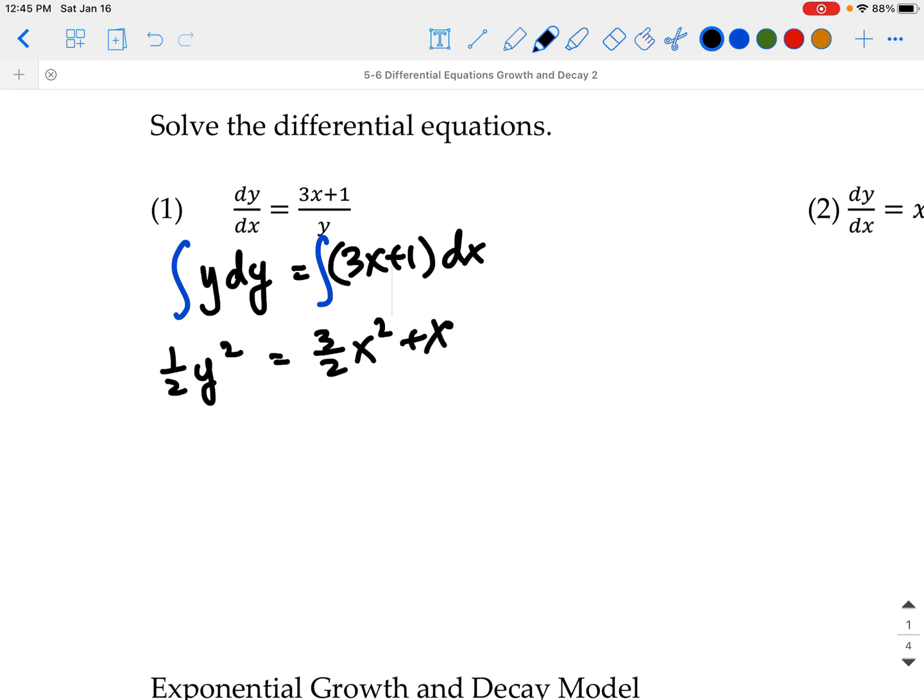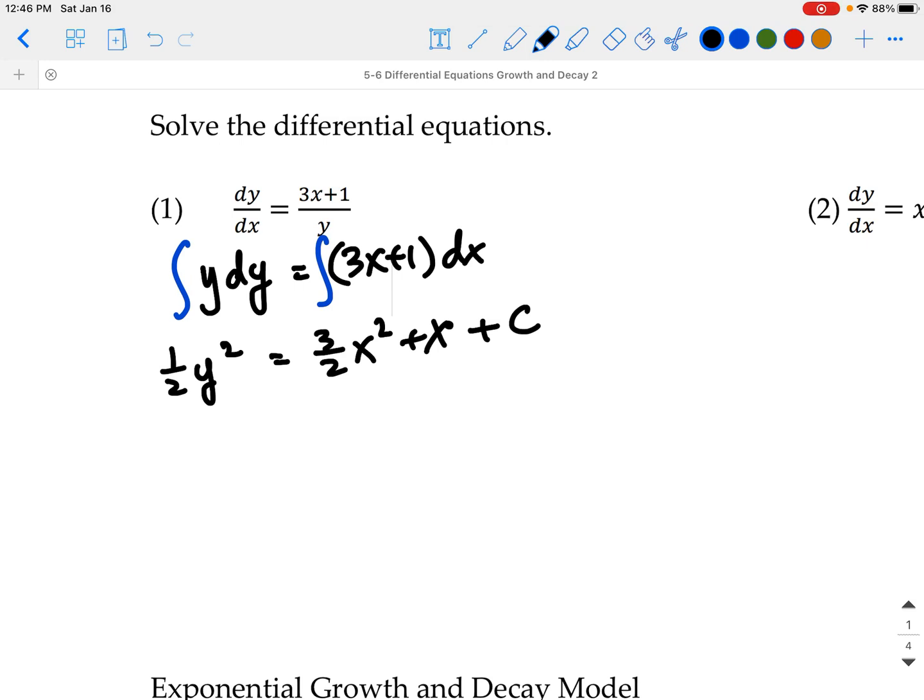Now we aren't integrating definitely, so we need to have a constant. And note both sides would have a constant, so there's really plus c1 plus c2. But I could just move that constant over to either side. So in general, what we'll do in these cases is just put plus c on the side with our independent variable x. So this would be our general solution for the curves that are possible.